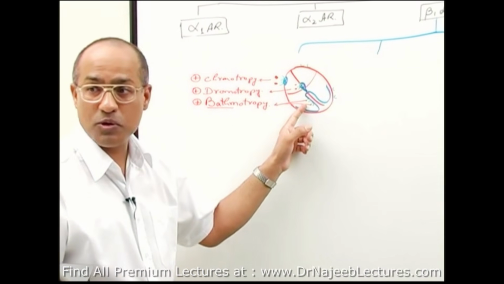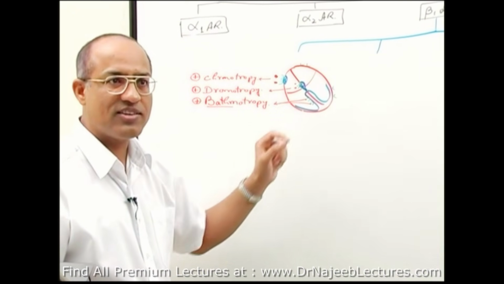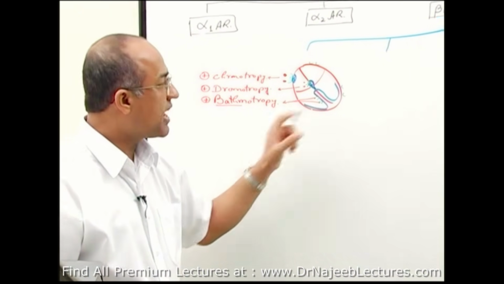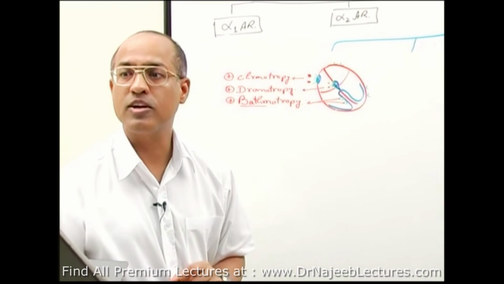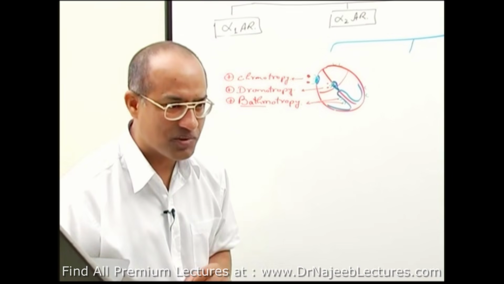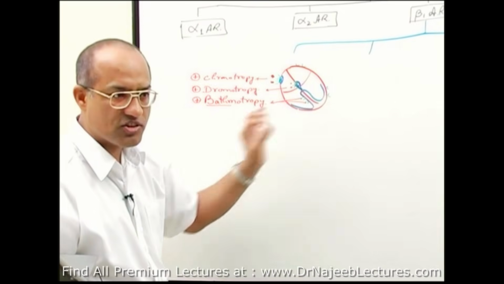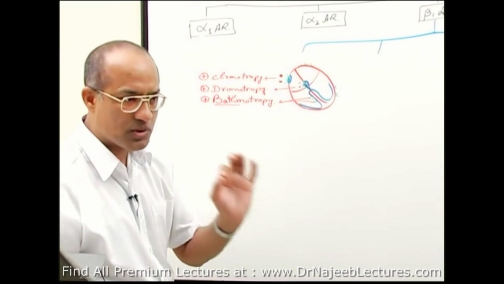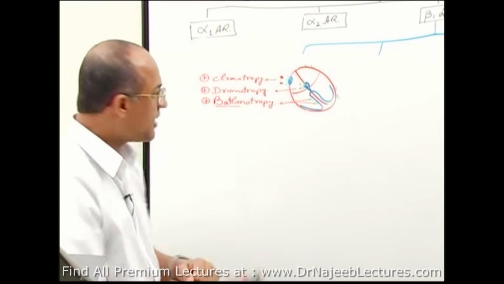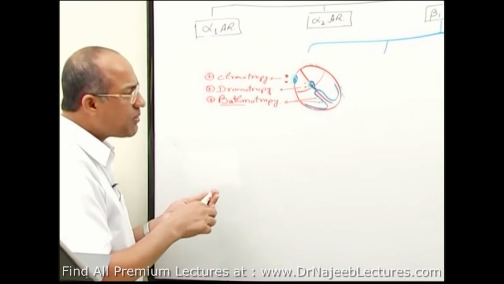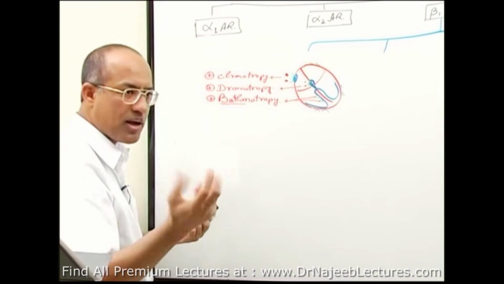Bathmotropy is important to know because overexcitation of the specialized conduction system by epinephrine and norepinephrine produces arrhythmia risk. Overstimulation by adrenergic beta-1 stimulation may increase the risk of tachyarrhythmias.